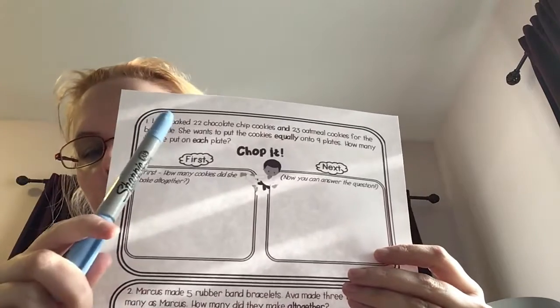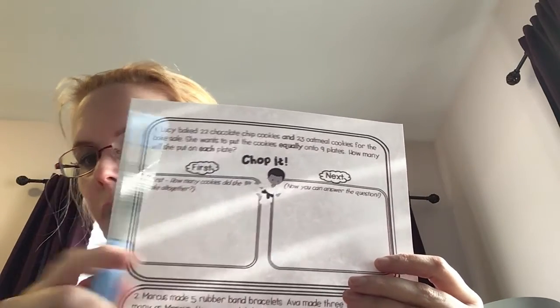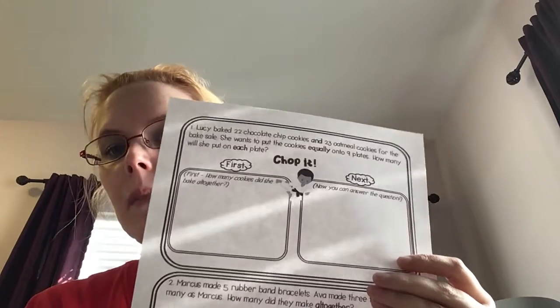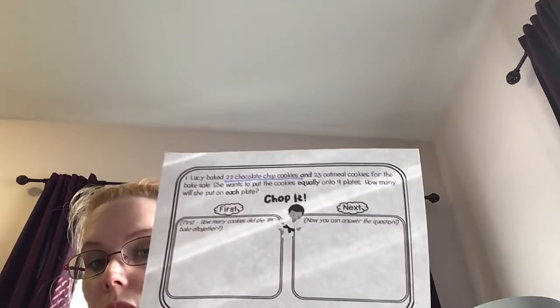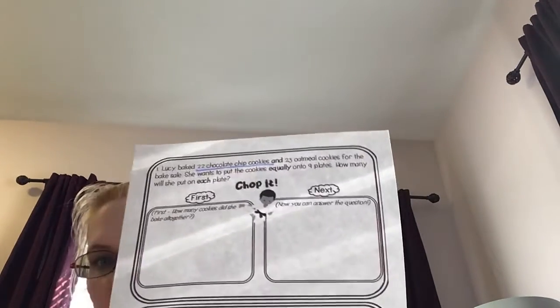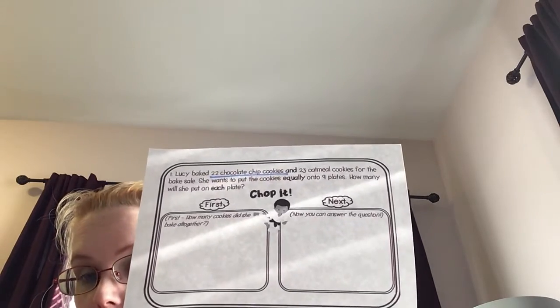So I'm going to look back at the sentence and look at the important information and underline it. So I'm going to mark 22 cookies. I highlight that because she did 22 chocolate chip cookies. And you want to remember what kind of cookies? Chocolate chip cookies, and 23 oatmeal cookies.